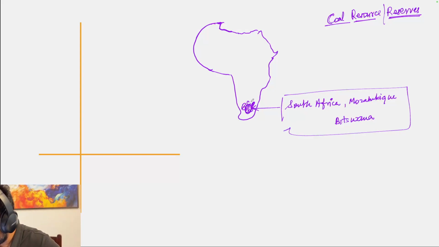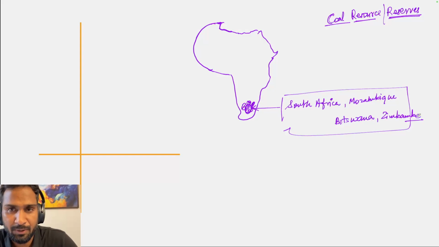Along with this part, Zimbabwe. So basically, southern part of Africa is rich in the coal reserves as well as in the production. And as I told you, South Africa is the largest producer of coal in African continent. So this is the area where we'll find coal.